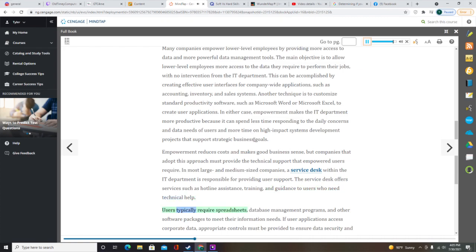Users typically require spreadsheets, database management programs, and other software packages to meet their information needs. If user applications access corporate data, appropriate controls must be provided to ensure data security and integrity. For example, some files should be hidden totally from view. Others should have read-only properties, so users can view, but not change, the data.